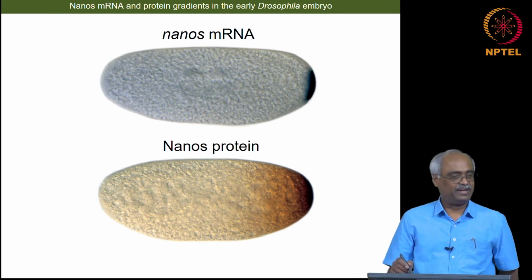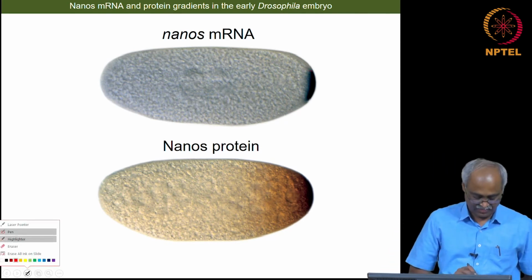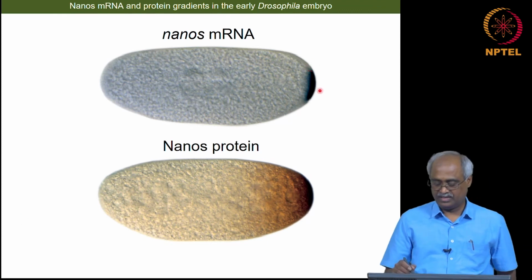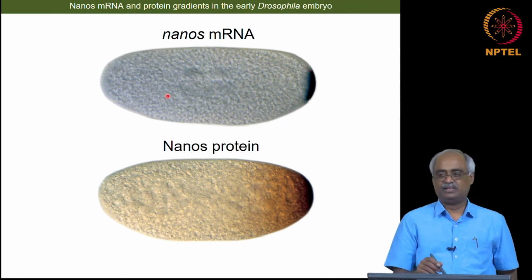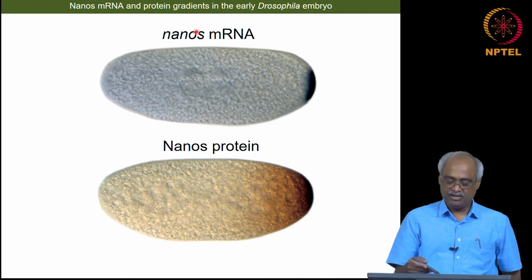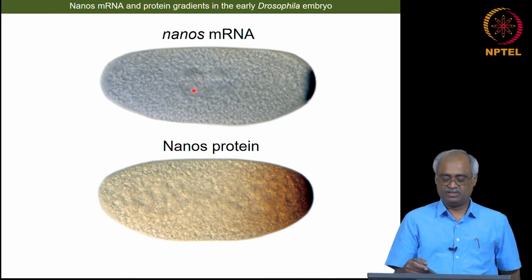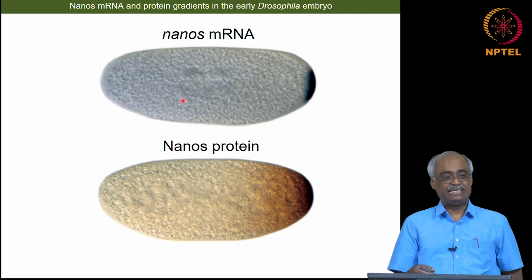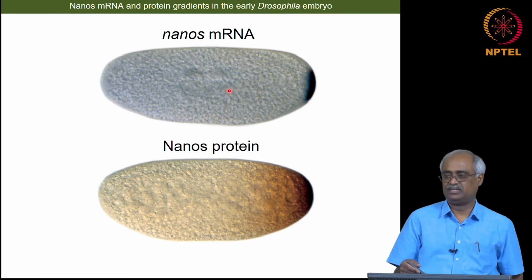Nanos mRNA, we already understood how it gets here. Oskar binds and stabilizes it there. What is in the bulk cytoplasm is not going to be translated because of the Smaug binding, and also Smaug and Cup remove the poly A tail, and as a result nanos mRNA gets degraded as well. It does not get protected here.